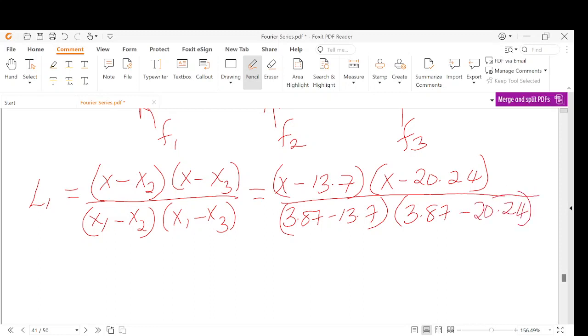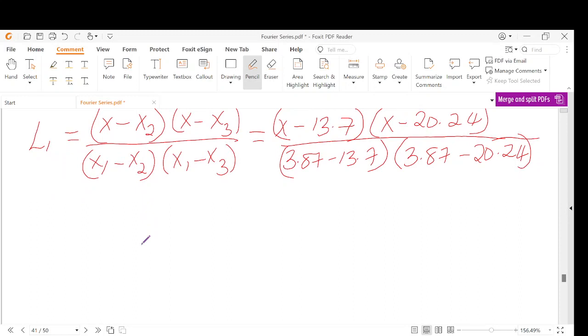See that we can compute this, the denominator, then in the numerator we'll have the x. If a value of x is given, then we can compute the value of L1.